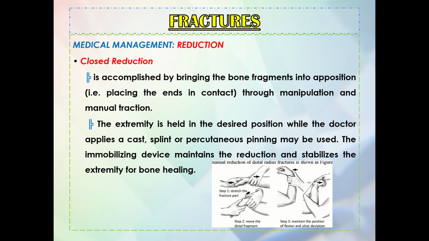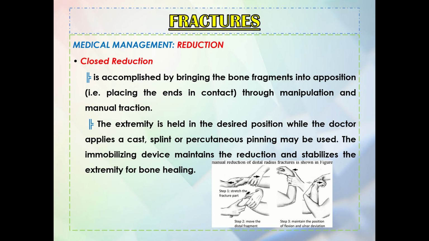So we have closed reduction. Pag sinabing closed reduction, this is accomplished by bringing the bone fragments into opposition. Example, placing the ends in contact through manipulation and manual traction. So pag closed reduction, the physician is using his or her bare hands to reduce the affected body part. Okay, so manual traction or manipulation para maayos yung bone na yun or yung fracture.